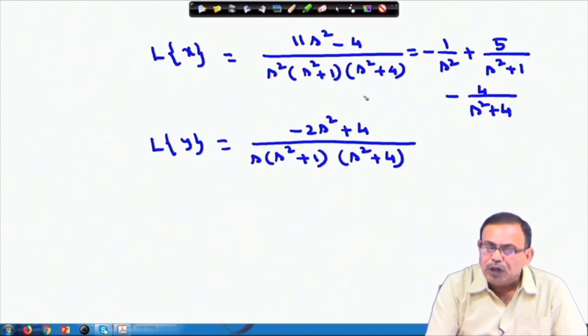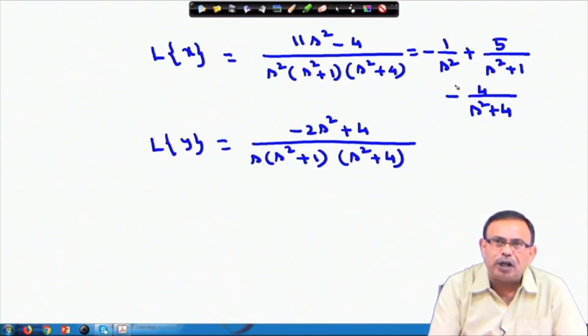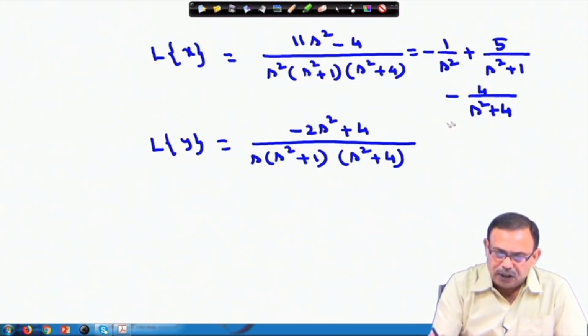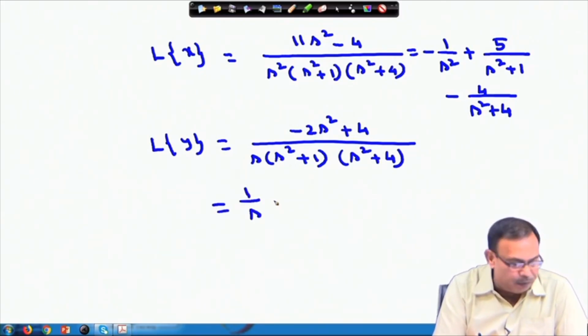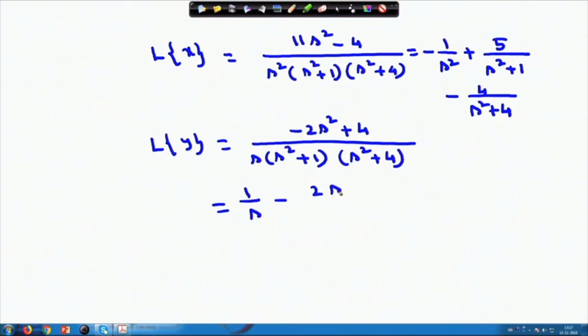We have to break it because, as I told you, in the denominator there must always be only one term, so that I can obtain the inverse Laplace transform very easily. If I break the Laplace transform of y also, you will obtain 1 by s minus 2 s by s square plus 1 plus s by s square plus 4.